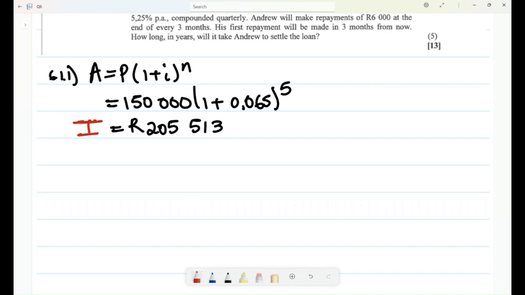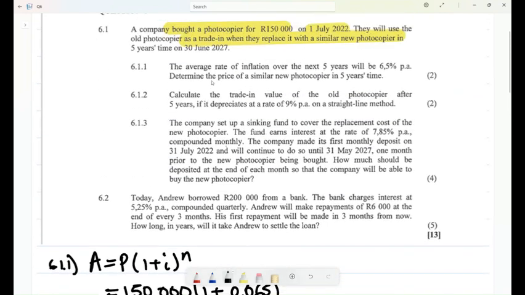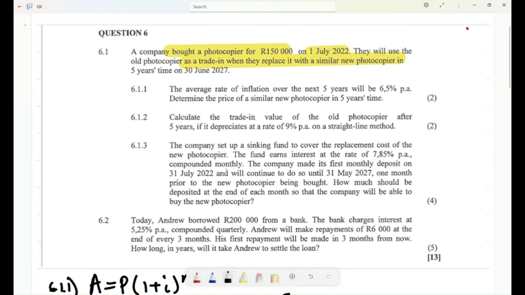All right. Now let's answer 6.1.2. It says now calculate the trading value of the old photocopier after 5 years if it depreciates at 9.9% per annum on a straight line method. Now the trading value is the money that you will get after selling that old machinery or photocopier.